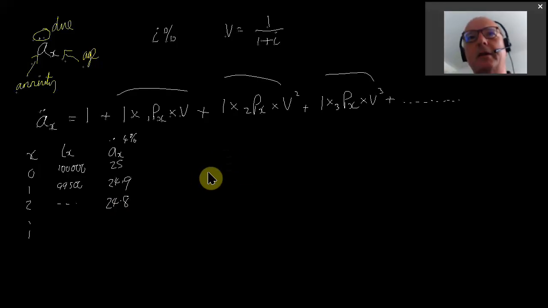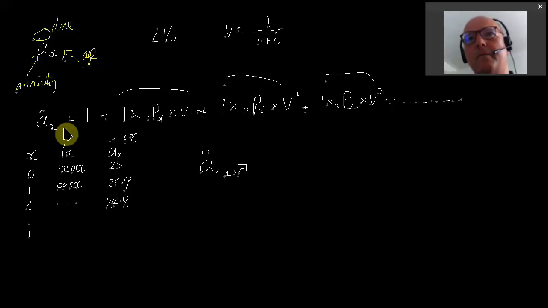So our next piece of notation is going to be a double dot x colon n angle bracket. That is the same sort of thing.